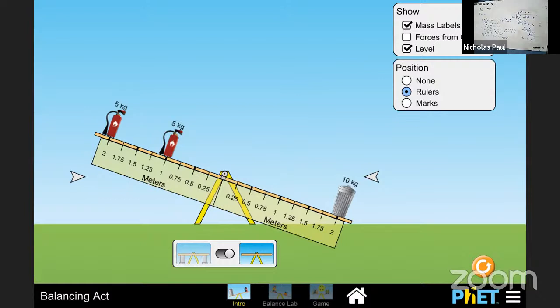Okay. Same principle, add up the moments on the left and it should be equal to what on the right. Try to work out where the trash can should go.